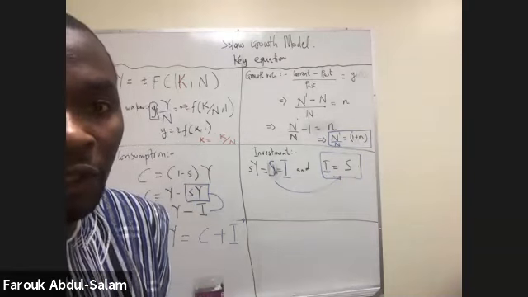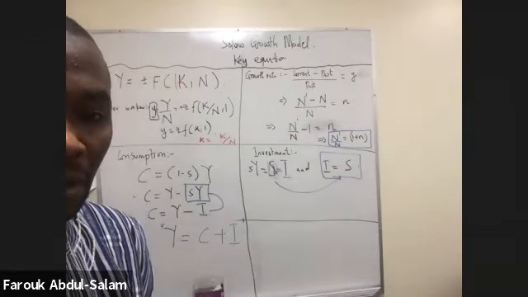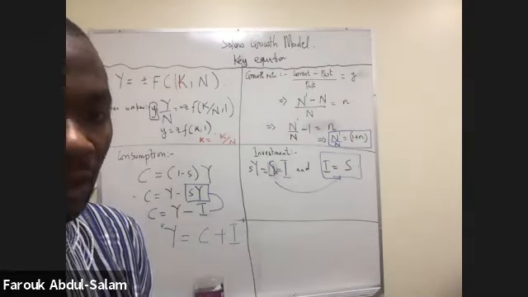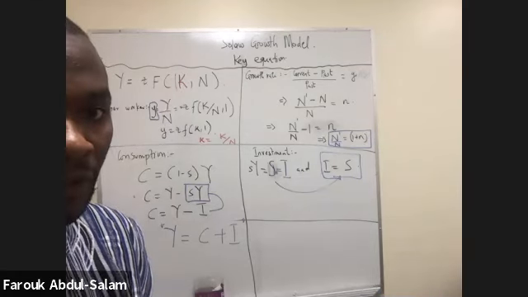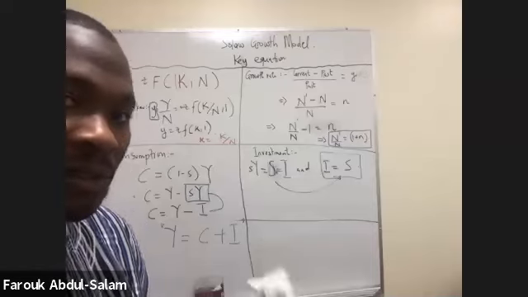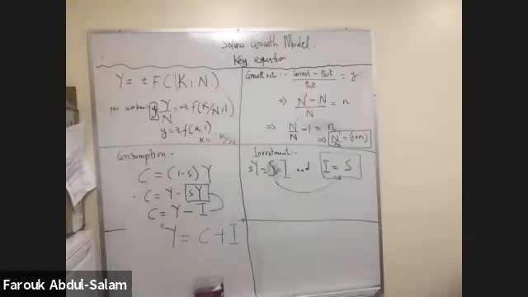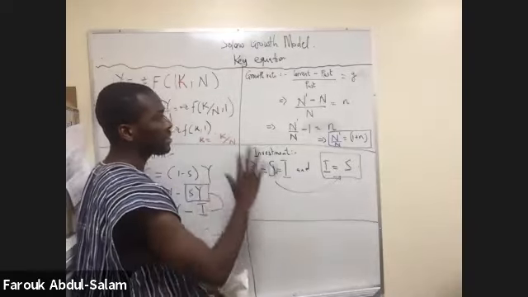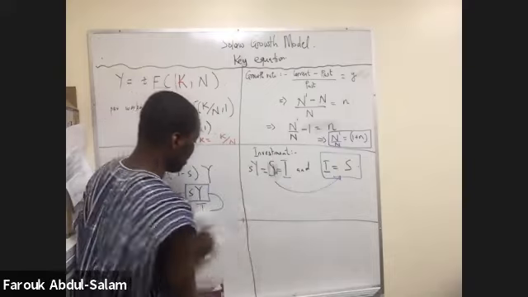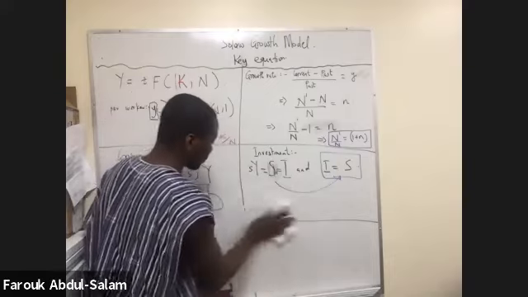We can save a portion of what we have. That would be the major difference here. Still no government, still closed, but we can have this. So this is basically it. If you understand these basic equations, then we can go ahead and start working with the more complicated ones.